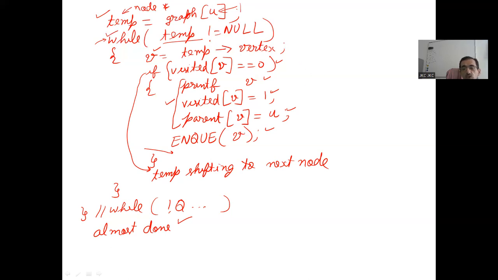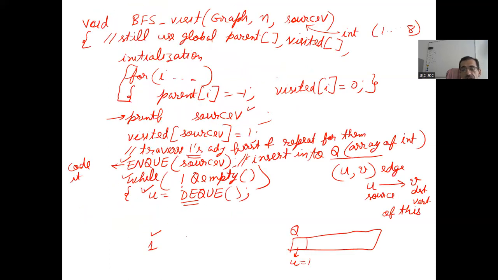You will get through this printing of 5 initially done. So here you will get 5 printed and 5 will go into the queue. This is already removed. Then similarly, 3 will get covered. 3 will be inserted into the queue and nothing more to be done.